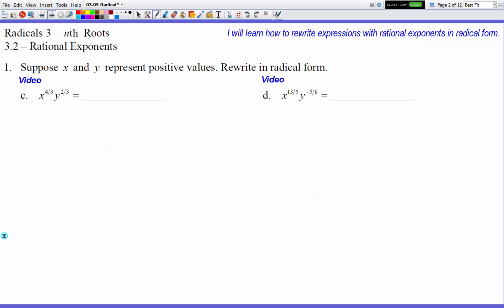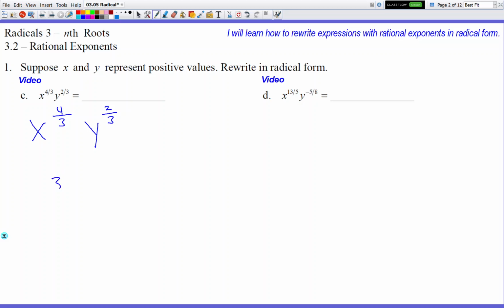Okay, going on to letters C and D. So now we have multiple letters in the problem, and each letter has its own fractional exponent. So let's start writing everything out. We got x to the 4/3 power, and we got y to the 2/3 power. What kind of information do we have? Well, both x and y are going to be put in the exact same radical.